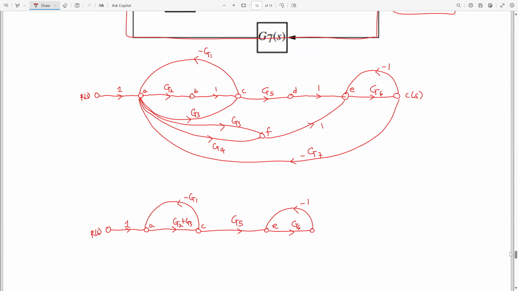And then from here to A, minus G7. Okay, so like I was saying, I can just sum this one up, G3 and G4, and then multiply it by the one here to just give me one branch of G3 plus G4.